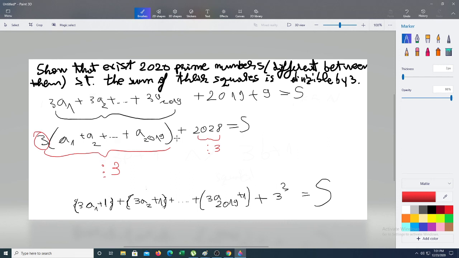But what the theorem says, that if a sum has terms divisible by any number, in our case 3, we have clearly that this sum is divisible also by 3. So that's the proof.